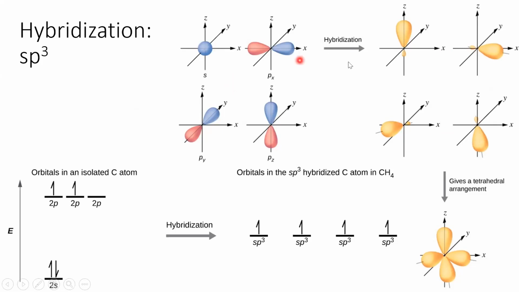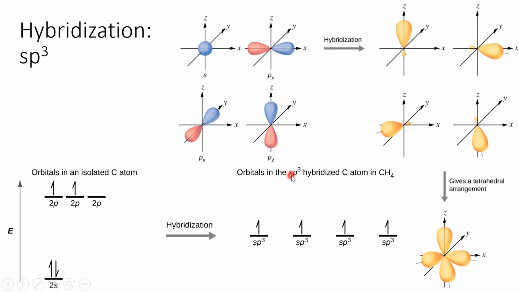We're not changing the number of orbitals when we go through this hybridization process, but we're changing the shape of those orbitals. Now, these are all equivalent orbitals, and they're referred to as sp3 hybridized orbitals.